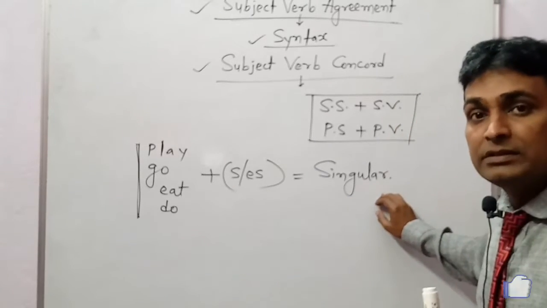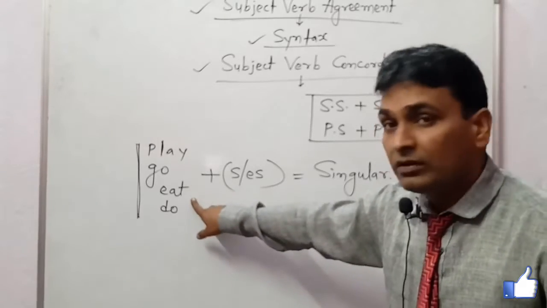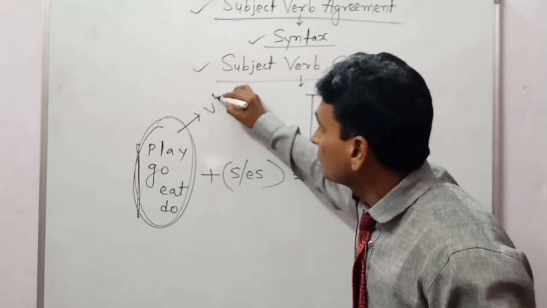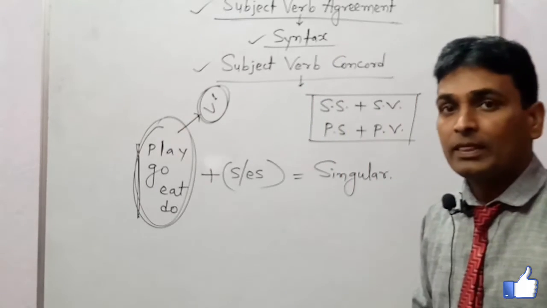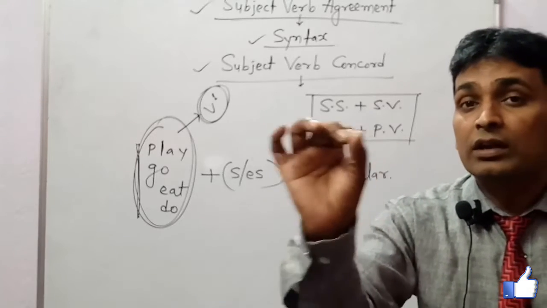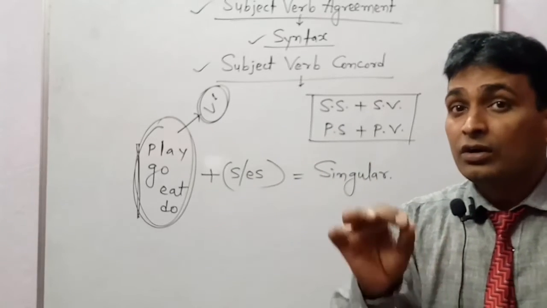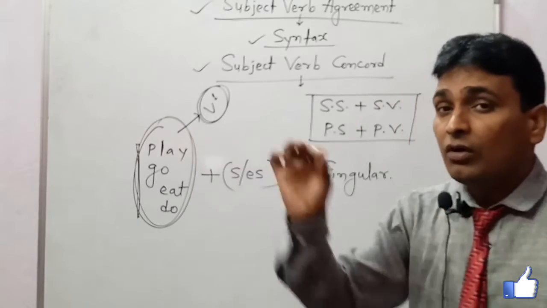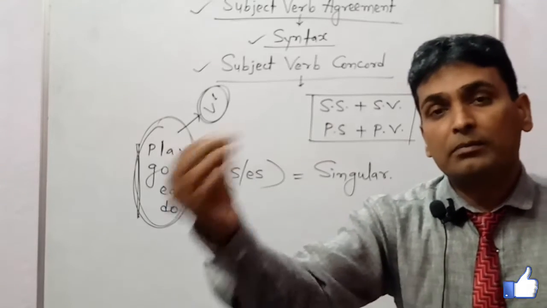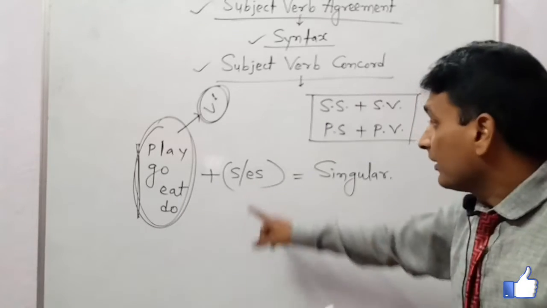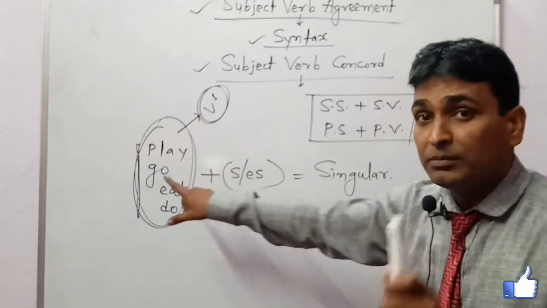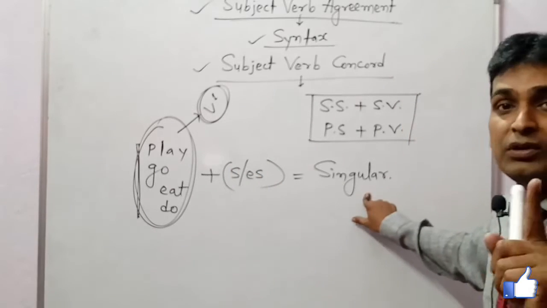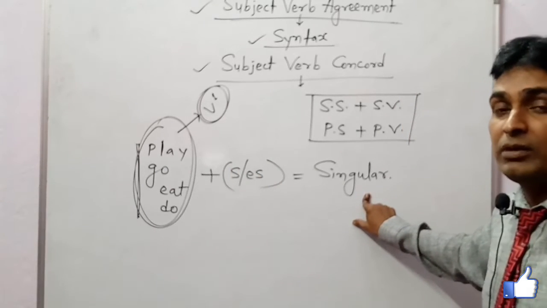This means a main verb in its simple form, the first form of the verb, always remains in the plural number. And when we add S and ES to the main verbs, the first form of the verb, only then does it become singular. Always keep it in your mind.